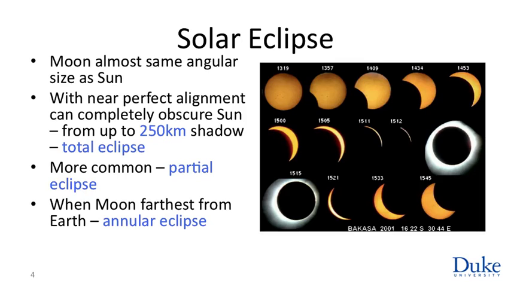And we have here a beautiful time series of a total eclipse. Notice that as time progresses in this, the moon seems to obscure the sun from the left and then leave the sun to the right, whereas in my model this was happening the other way around.